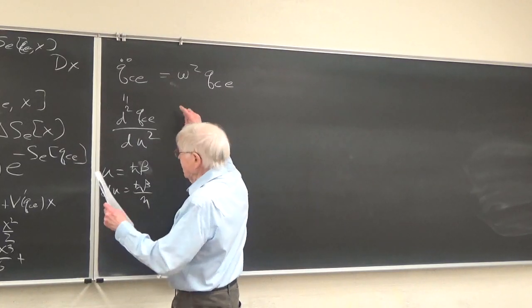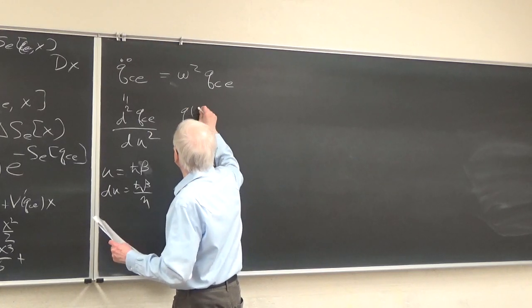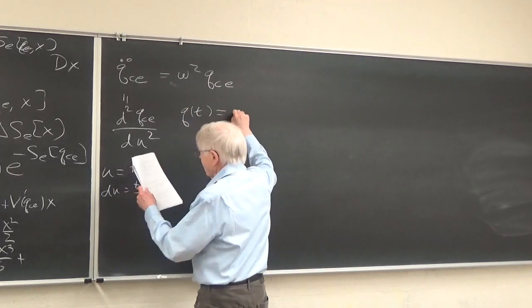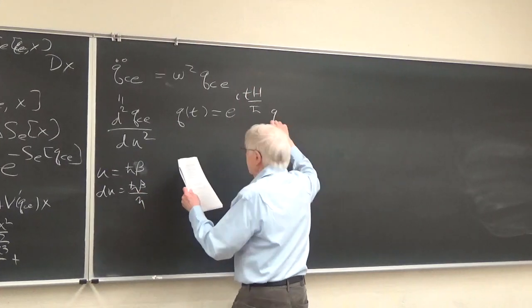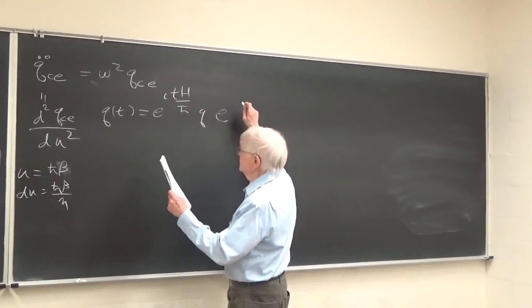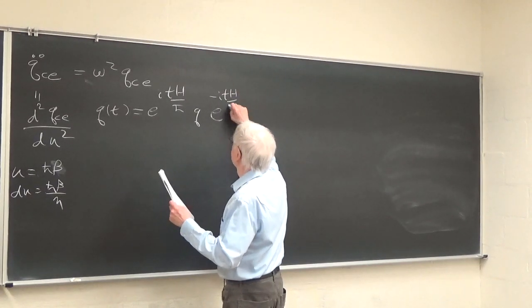So first, let's flash back to ordinary quantum mechanics. Then Q of t, of course, is e to the iTH over H bar, Q of 0, which I'll just write as Q, e to the minus iTH over H bar.